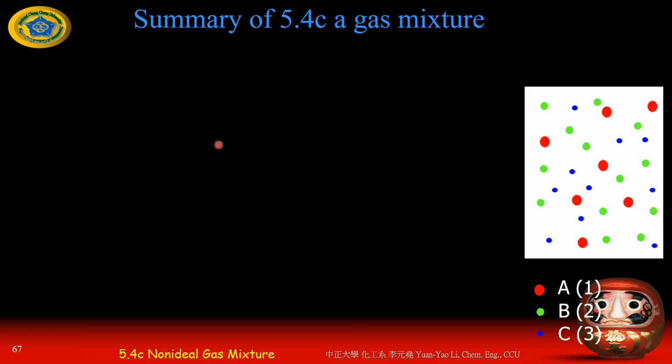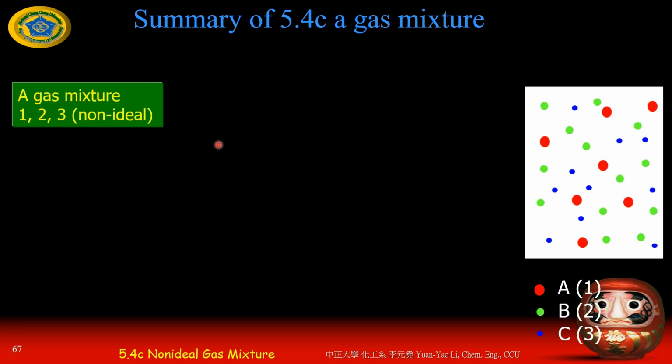So please give me another 2 minutes. I want to summarize this because this is important, and I want you to know this very well, and go home and practice. The summary of 5.4C, gas mixtures: for example, you have 3 species and it's non-ideal.